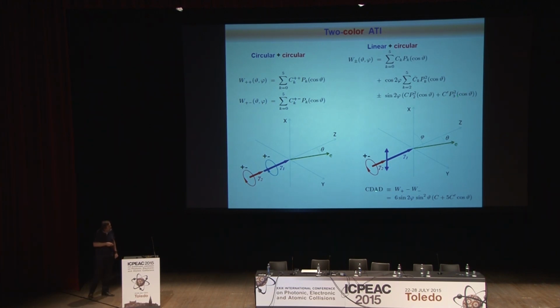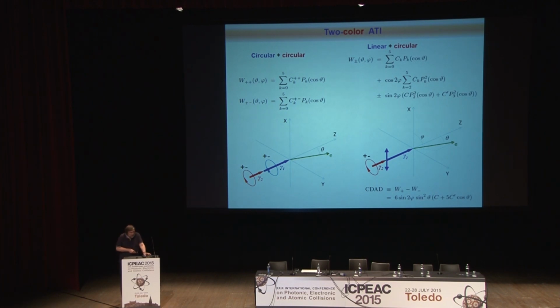If we subtract here and find circular dichroism in the angular distribution, then we see that the final expression is pretty simple. There are only two terms: the first one is due to the dipole mechanism, and this is the non-dipole contribution in the lowest order, of course.